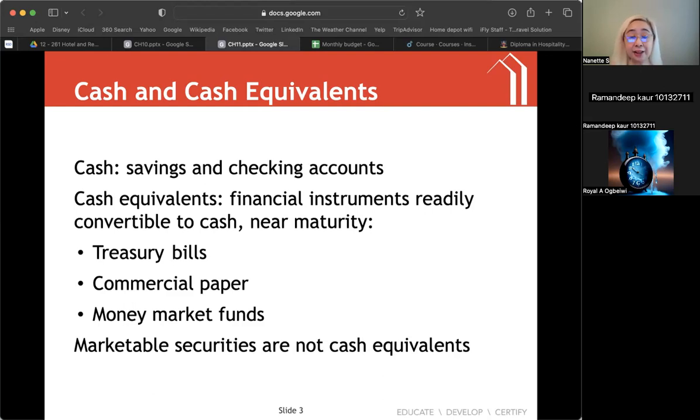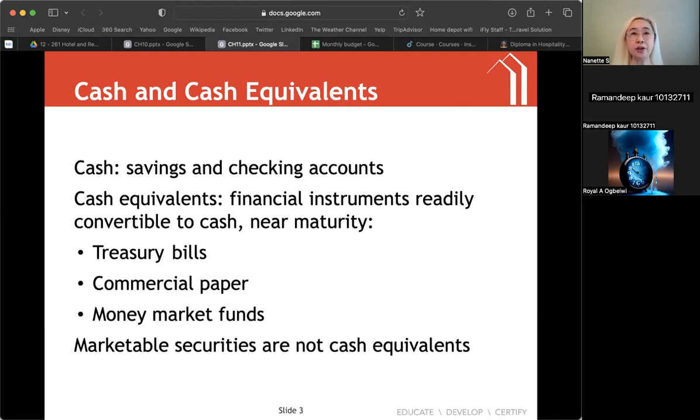So cash is something that you can use anytime. So you can withdraw it from your savings account or from your checking account. So it's easily available. While your cash equivalent, sometimes you need to sell it first before you can convert it into cash. Like, for example, if you have investments in the stock market.